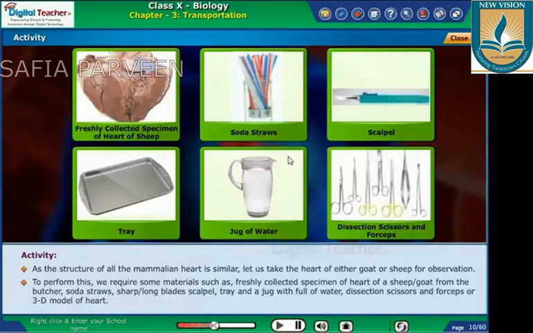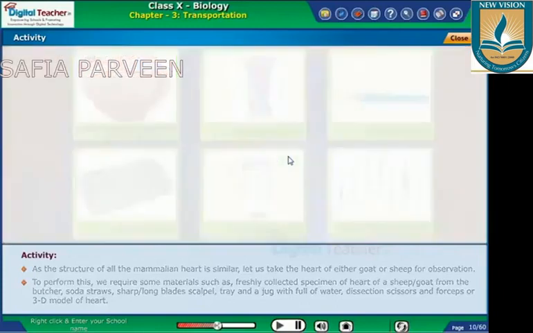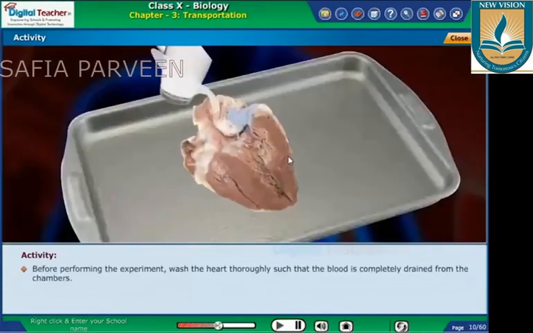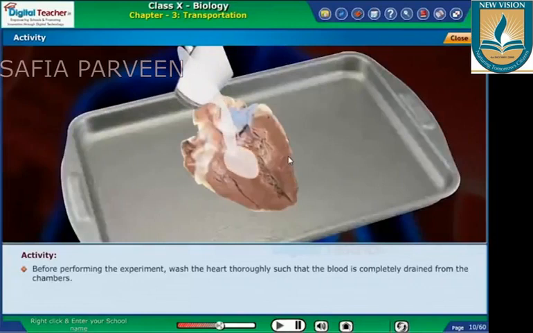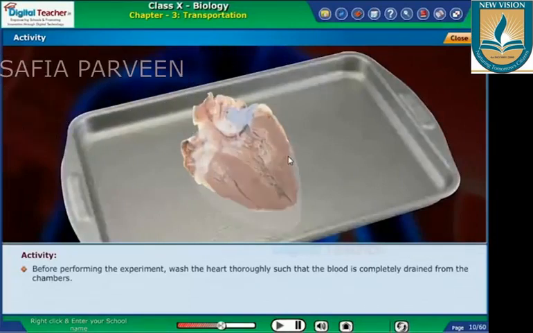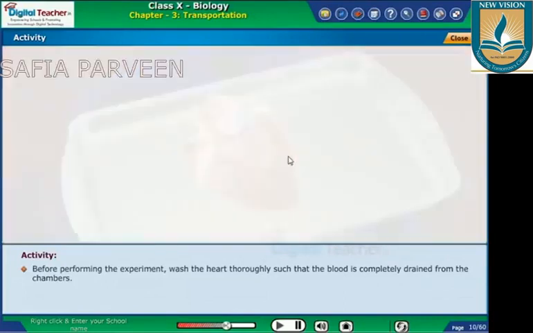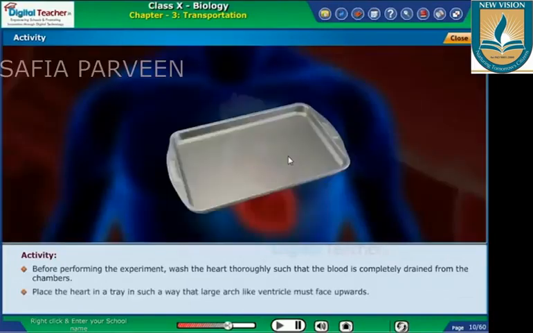Firstly, we need to take this specimen heart, put it in the tray and wash it thoroughly with water, so that no blood stains remain either inside the chambers or outside of the chambers. Now drain off the water and make the heart very clean.